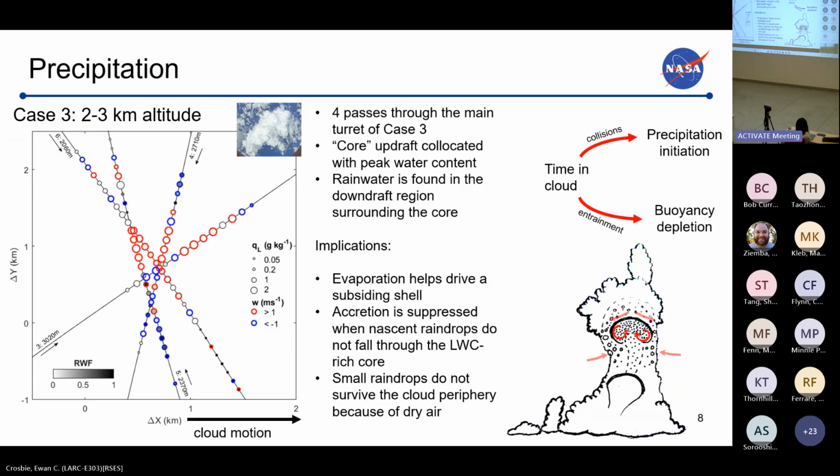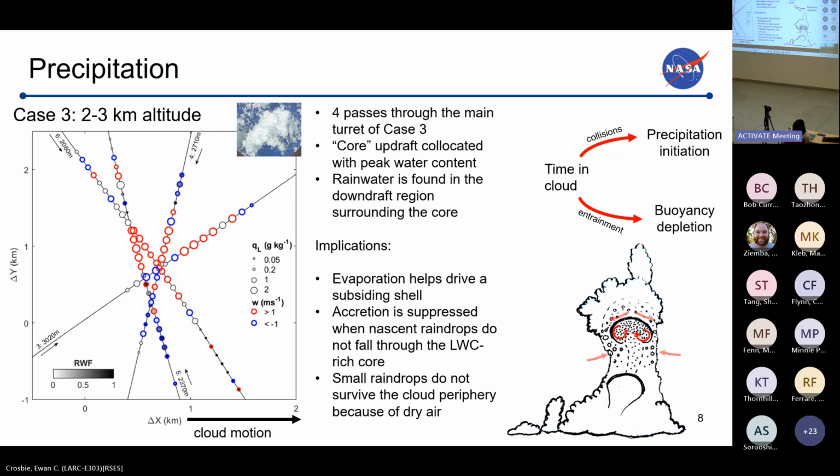This is another example related to precipitation that I thought was pretty interesting, from case 3. While we didn't see any influence below the cloud in case 3, there was actually ample rainwater quite high up in the cloud. When we flew through the cloud 4 different times between 2 and 3 kilometers, we saw a consistent pattern in where the rainwater was located compared to where the core of the cloud was located.